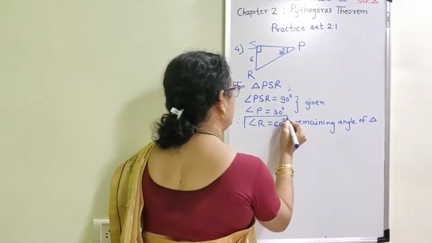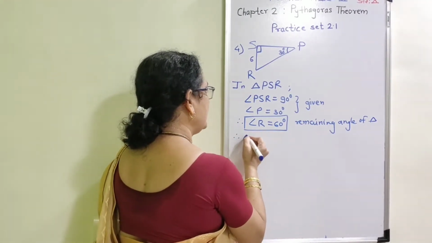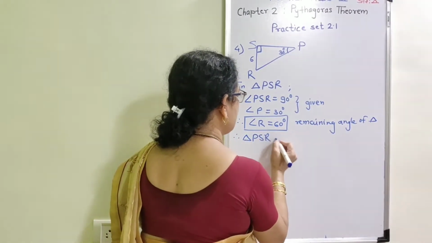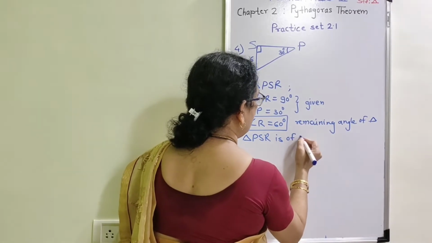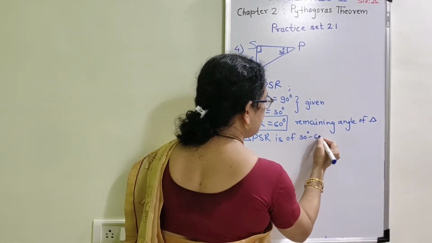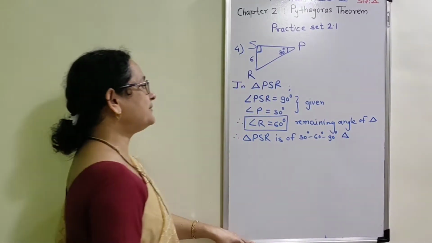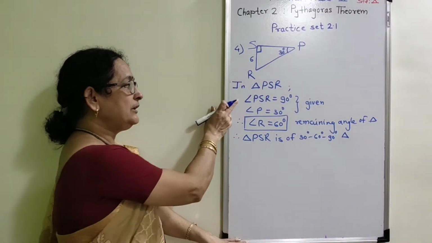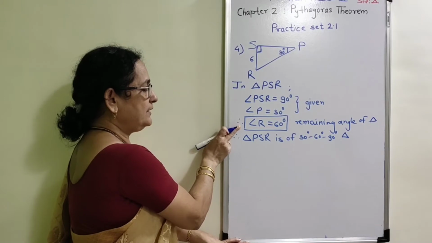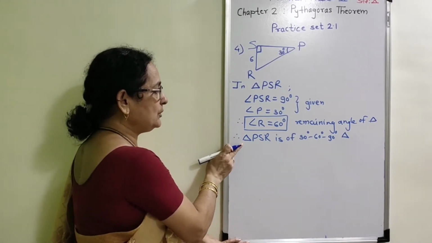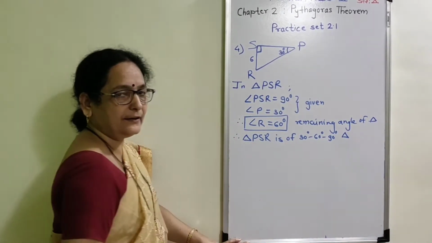Now here we have determined that therefore triangle PSR is a 30, 60, 90 degree triangle. This is the first step, that when only two measures are given, determine the third measure and prove the type of the triangle.